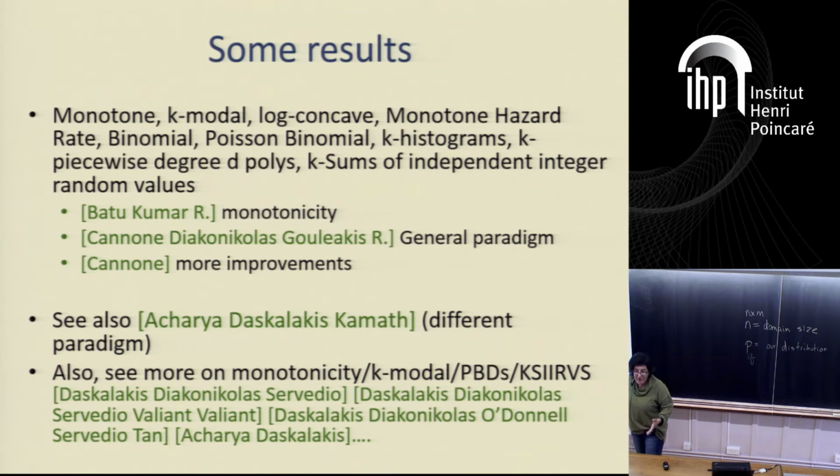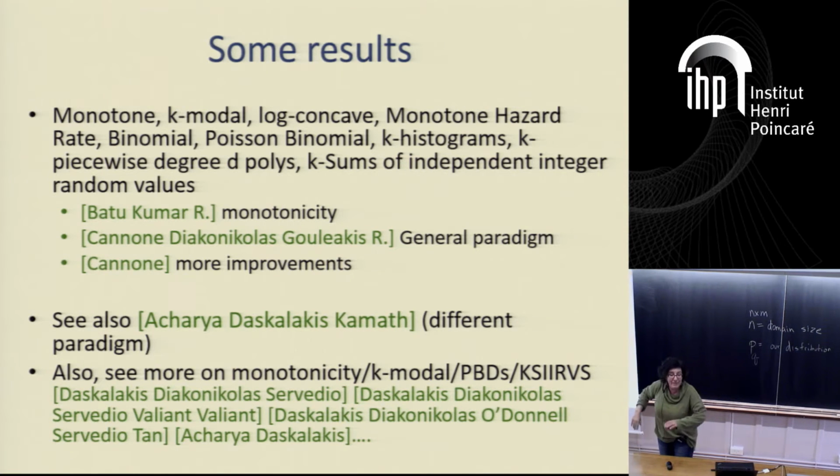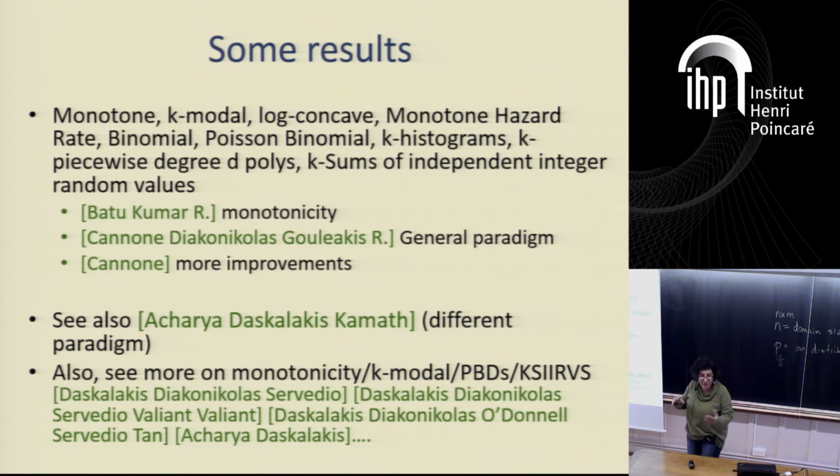Other people have looked at other general paradigms for constructing testers for distributions, such as Acharya et al. And all these classes have been looked at in other ways by other people, more one by one. So I don't want to claim that this is the first set of papers to look at all these problems, but I gave a bunch of other references down here.